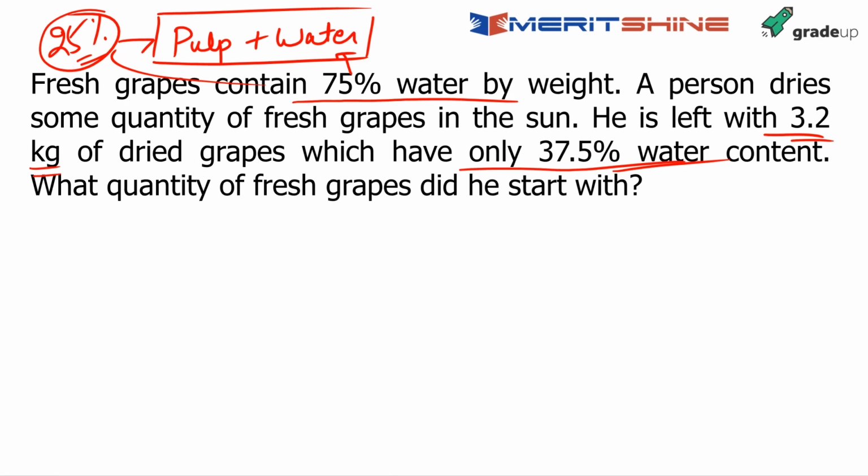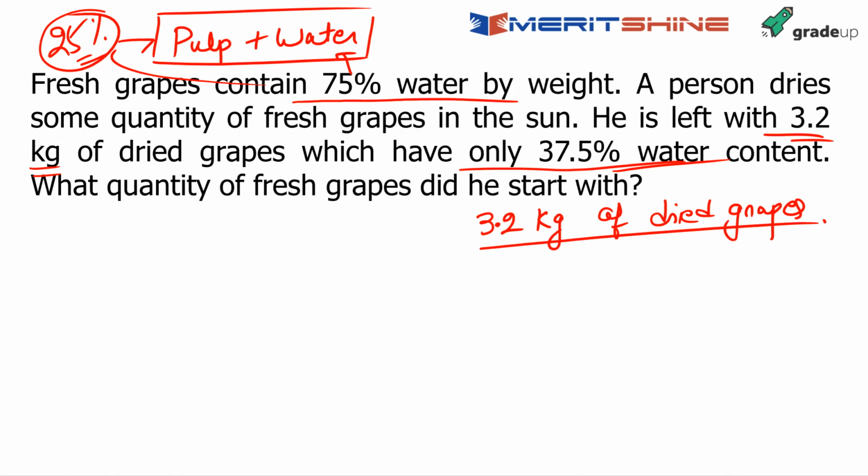So the scenario is like this: the total quantity with him now is 3.2 kg of dried grapes, but these dried grapes have only 37.5% water content. I'll use proportions and reciprocals here. What is this 37.5?